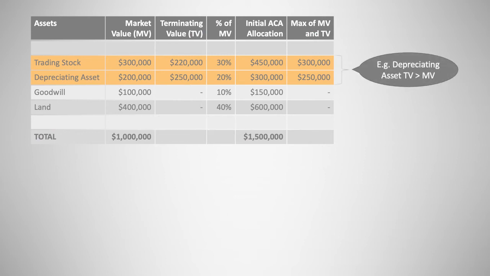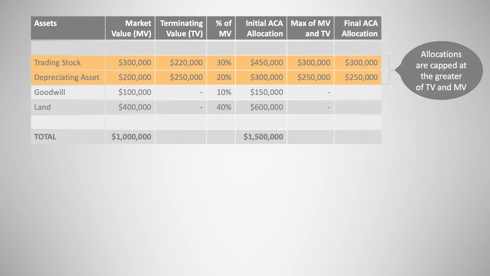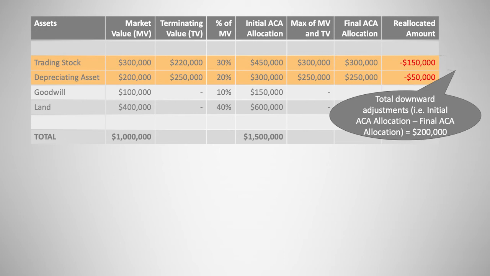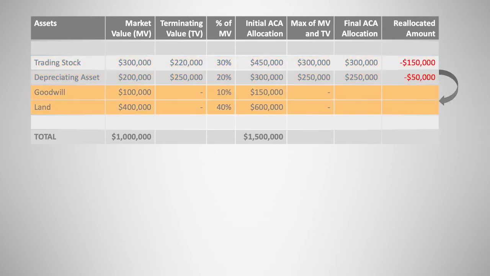The maximum allocation to such assets must not exceed the higher of their market value and terminating value. For the trading stock, this means that its initial allocation must be adjusted downwards to its market value. And for the depreciating asset, the adjustment is downwards to its terminating value. The total amount of these downward adjustments is then reallocated to the non-revenue reset cost-based assets, being goodwill and land.